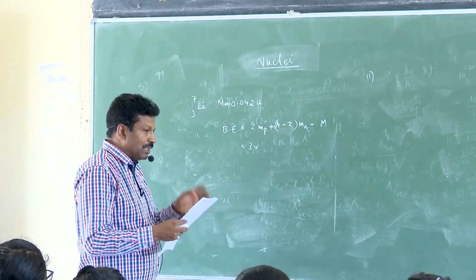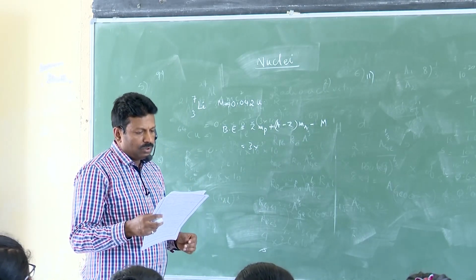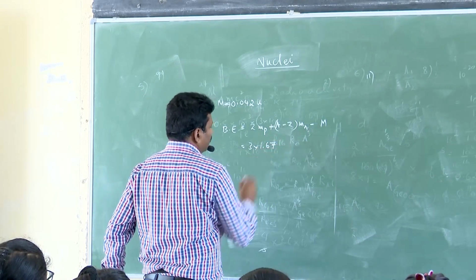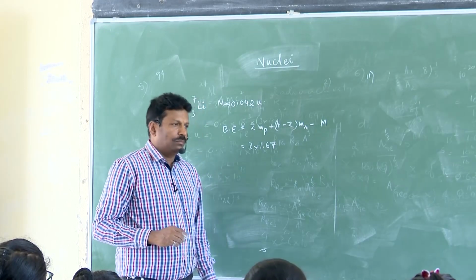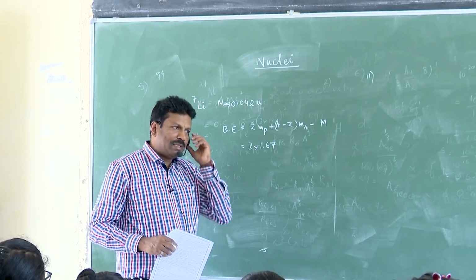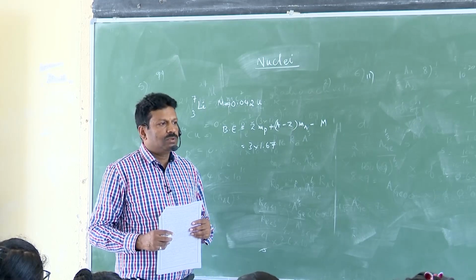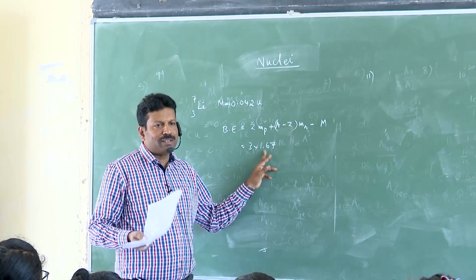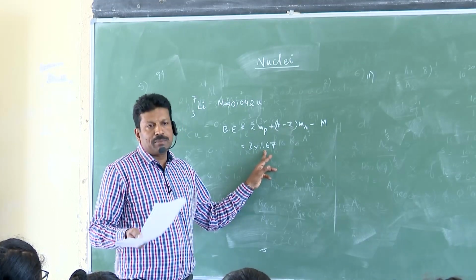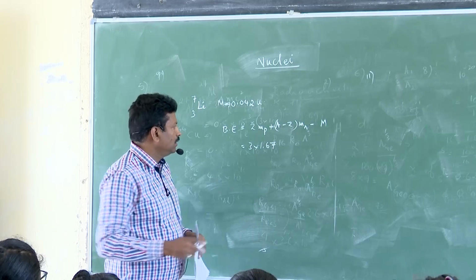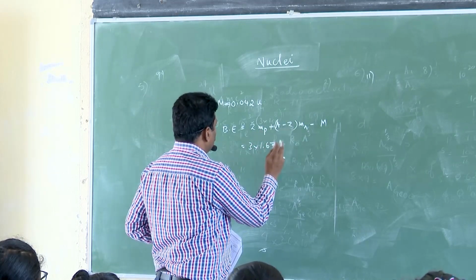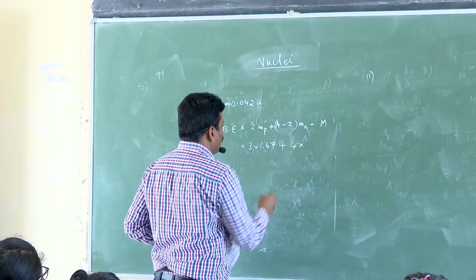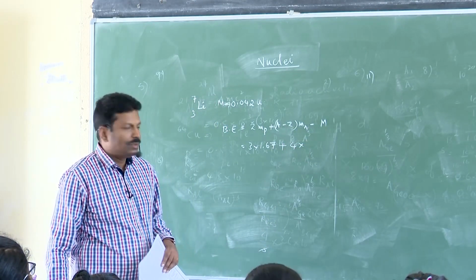But here they have not given the mass of proton and all. So this is roughly 1.67 atomic mass units. Mass of proton is 1.672 into 10 to the minus 27 kg, and one atomic mass unit is roughly 1.67 into 10 to the minus 27 kg. So 3 into mass of proton is 1.67, plus A minus Z, which is 4, into mass of neutron, little higher than this.